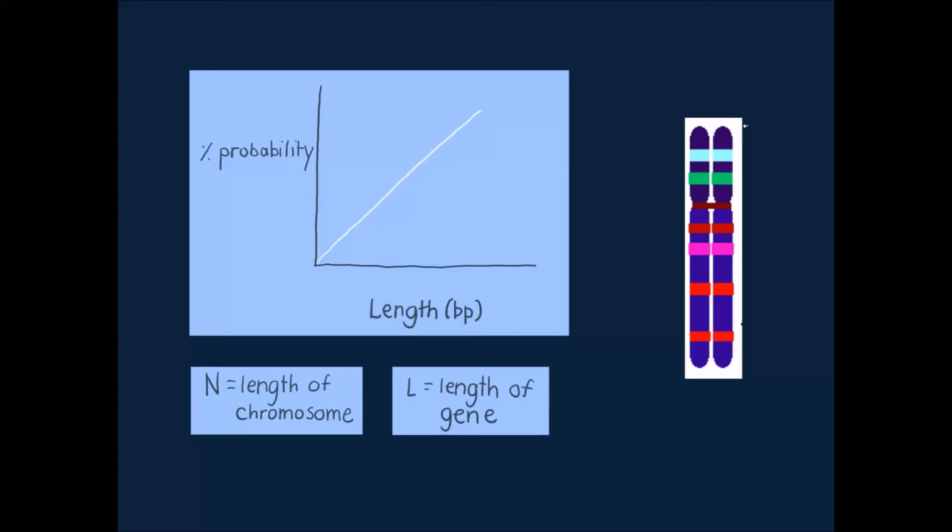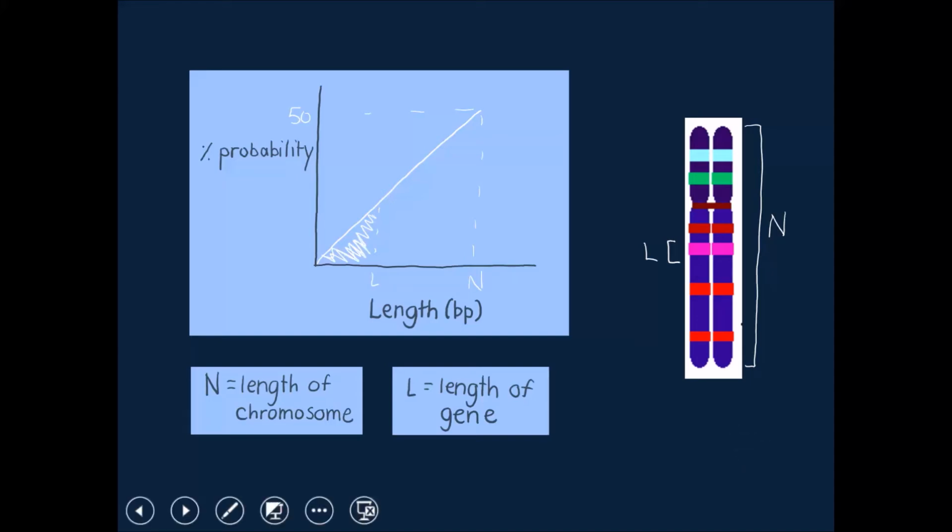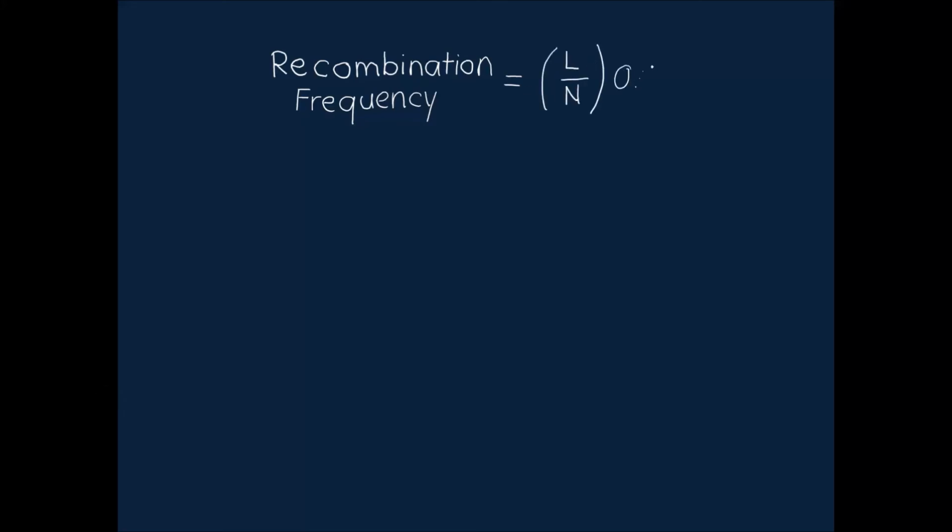The probability of recombination occurring is directly proportional to the length of the chromosomal segment. However, if the gene were to extend the entire length of the chromosome, an arbitrary length n, the maximum probability of crossover between these 2 endpoints will still only be 50%. So we know that for a gene spanning a length L, the probability of recombination within the bounds of that gene is proportional to the length relative to the length of the chromosome, and multiplied by the maximum possible frequency of 0.5.